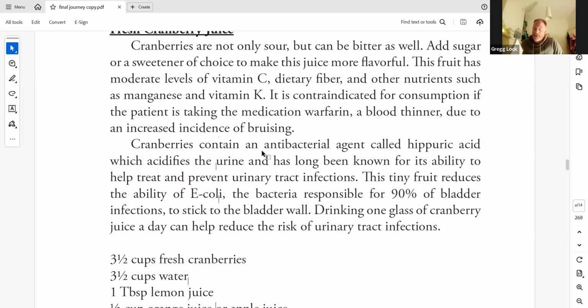Cranberries contain an antibacterial agent called hippuric acid, which acidifies the urine and has long been known for its ability to help treat and prevent urinary tract infections. This tiny fruit reduces the ability of E. coli, the bacteria responsible for 90% of bladder infections, to stick to the bladder wall. Drinking one glass of cranberry juice a day can help reduce the risk of urinary tract infections.